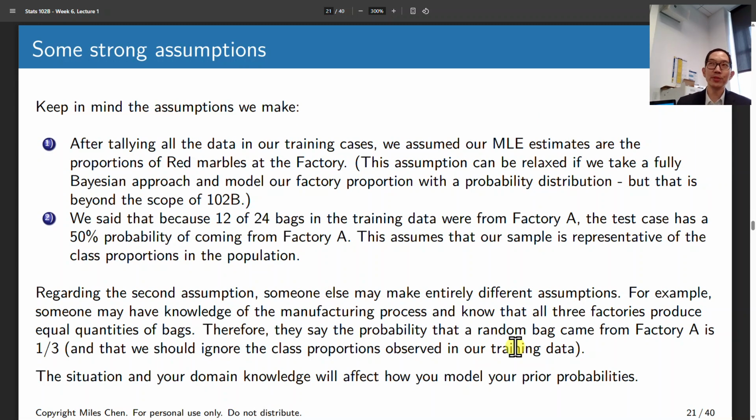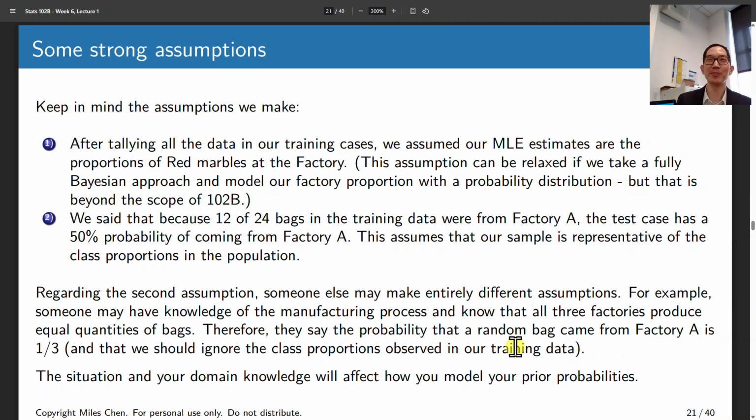There are a few strong assumptions. And anytime somebody says strong assumption, this is actually a bad thing, meaning you have to be very confident about justifying these assumptions. Two of the big assumptions: One was that the training data I have is representative of the factories.